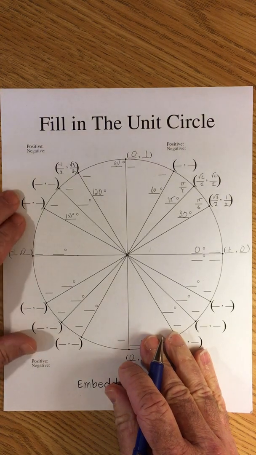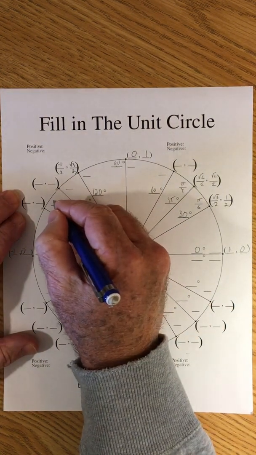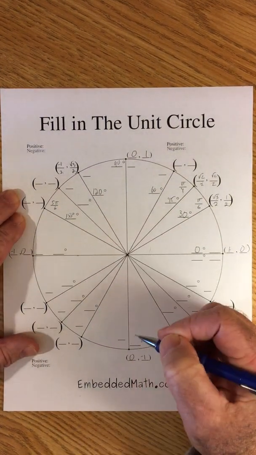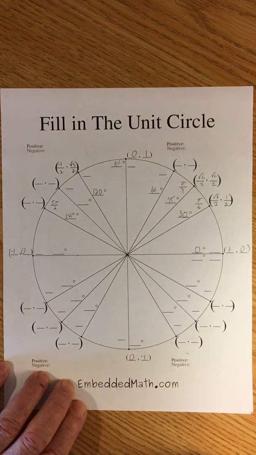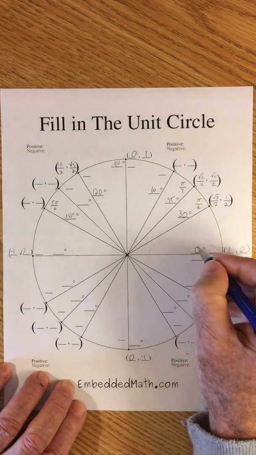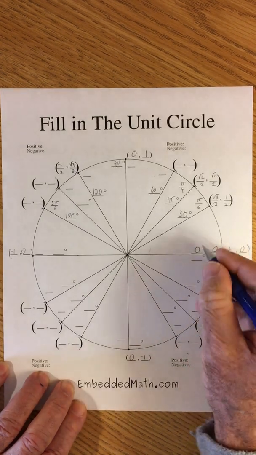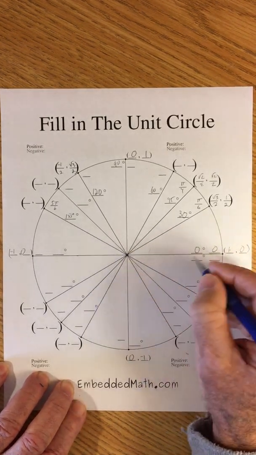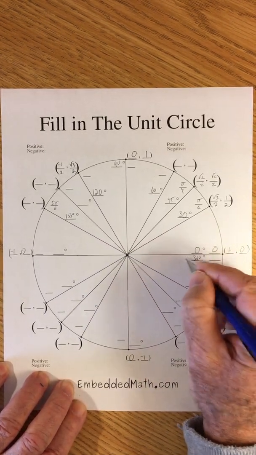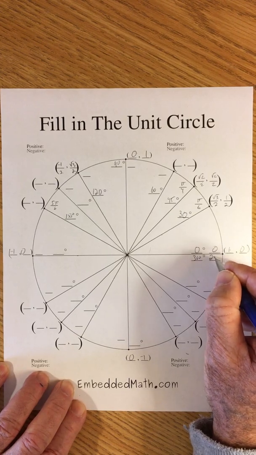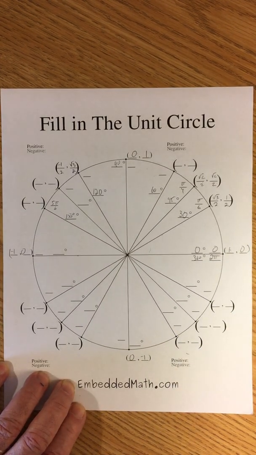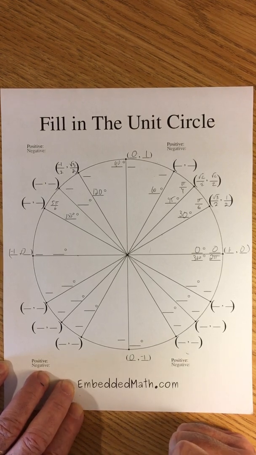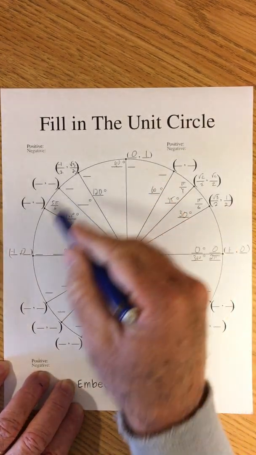So what you should also do is write in here the radian equivalent for all these angles. 0 degrees is obviously 0 radians. This one down here, if you come all the way around, is coterminal, so 360 degrees, and we've already done this one too. That's 2 pi radians.